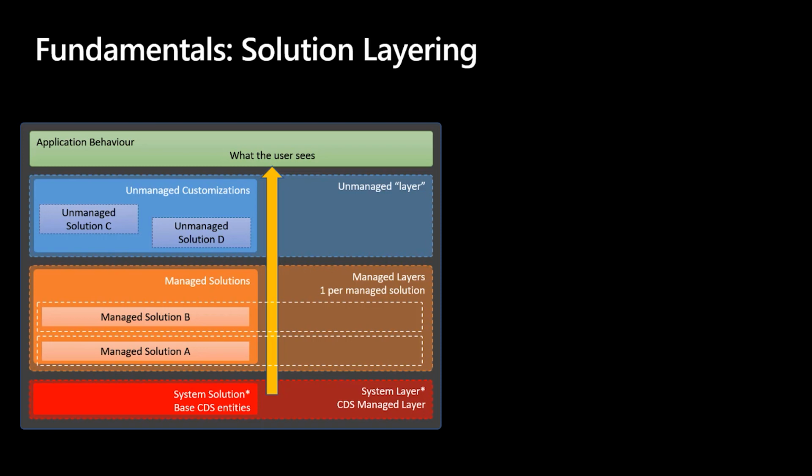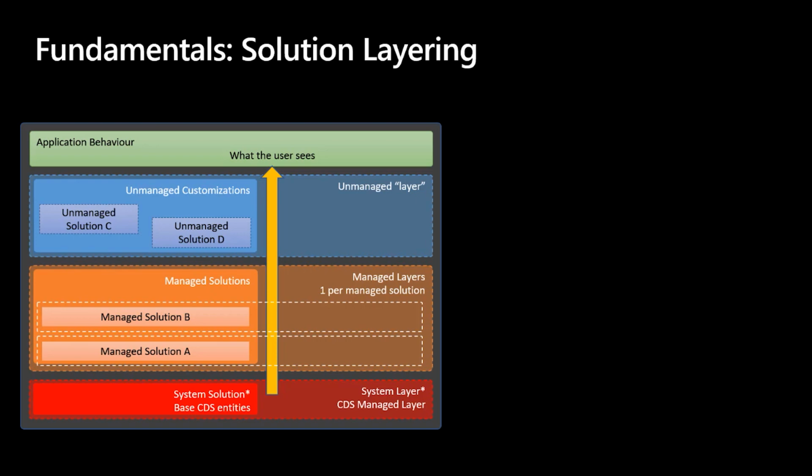Now, for some of the components that support top row wins, if there are multiple solutions that are extending an entity or any component for that matter, the top one will be the one that wins. In the case here, if you have unmanaged configurations on top of that, it would be in the active layer and that one would always win.